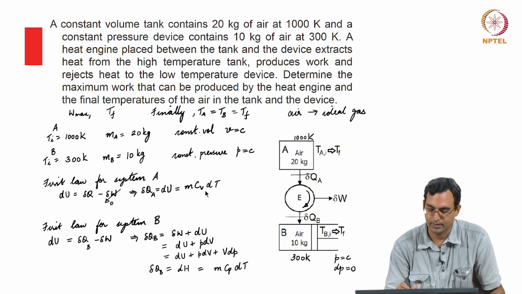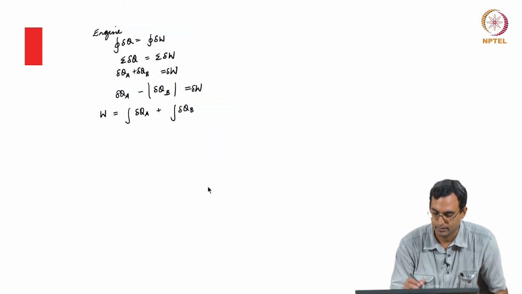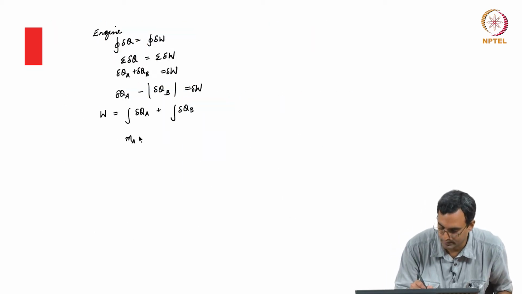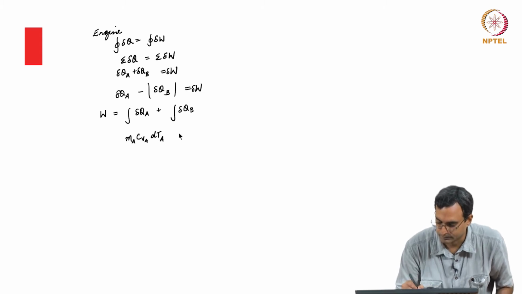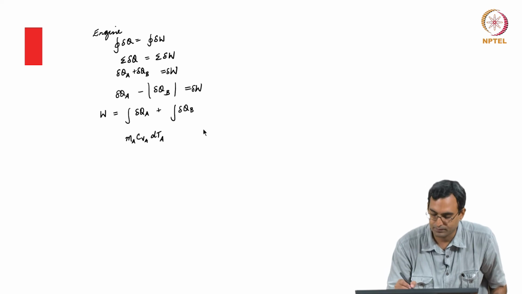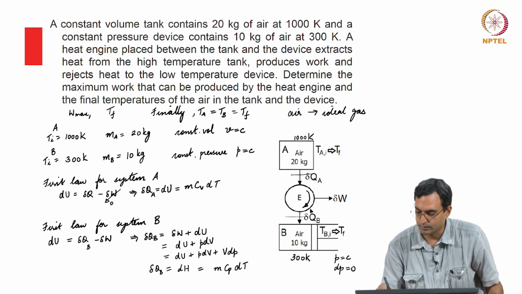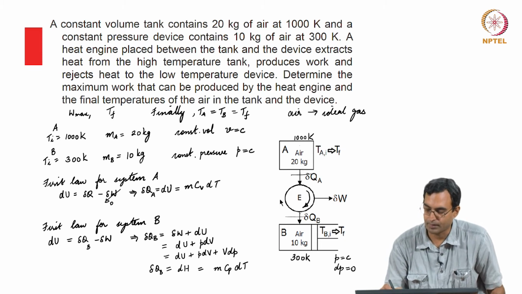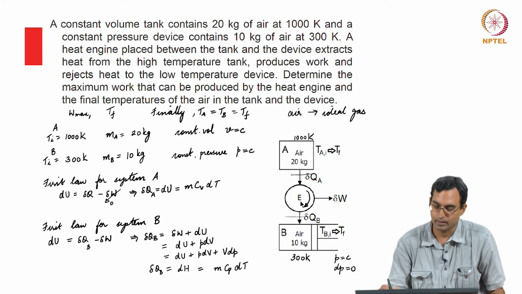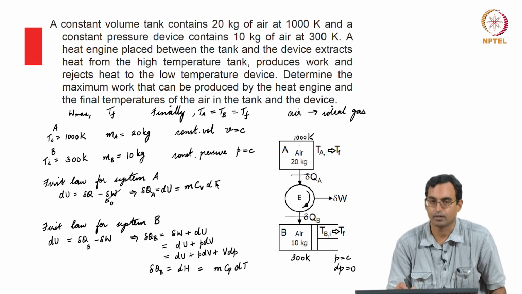So, that is m Cv dT, that is m of A, Cv of A, dT of A, and I have del QB, which is heat going out of, I am now looking at it from the perspective of this engine E. This is heat coming in, which is positive.